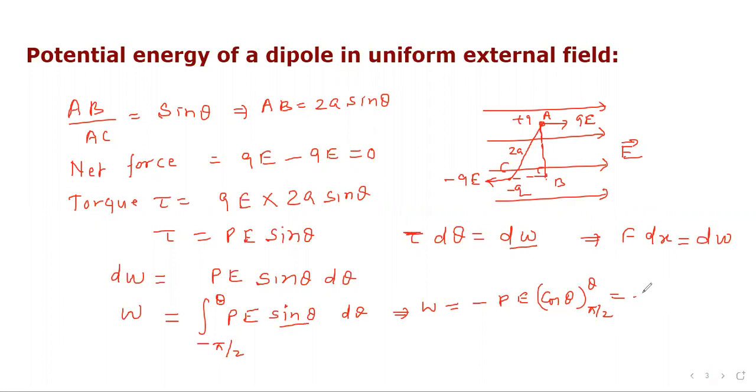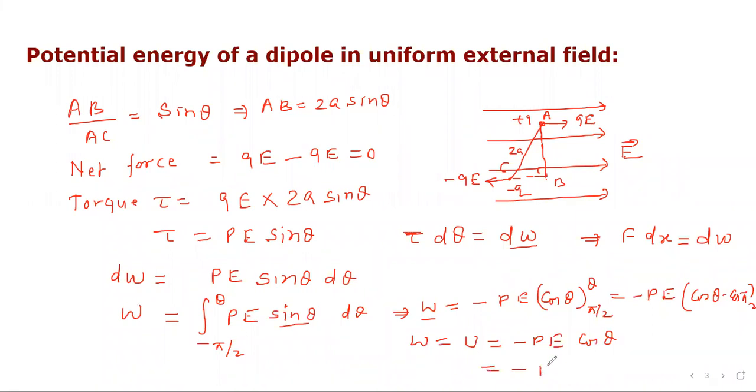So this will give minus PE times cos theta minus cos pi by 2. And we know that cos pi by 2 is 0. So the work done, which is equal to the potential energy, is minus PE cos theta.